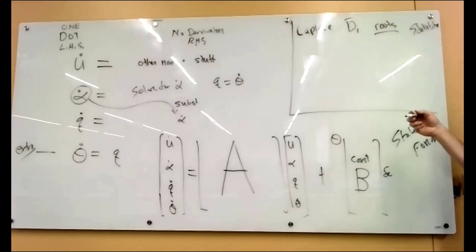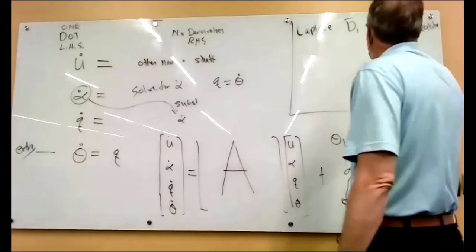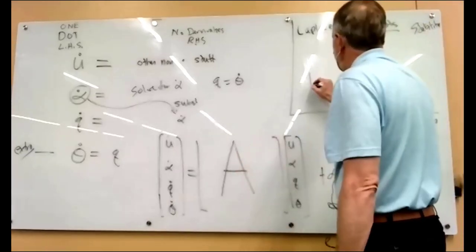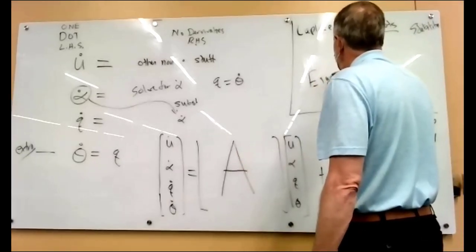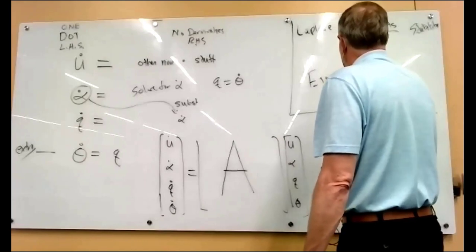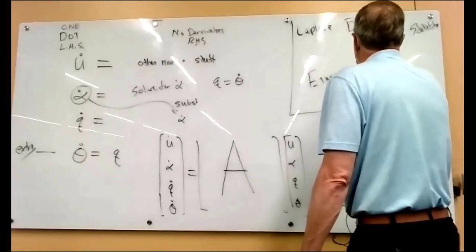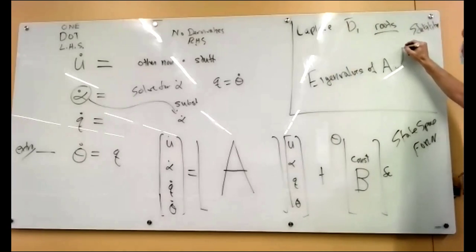We said, okay, we got to find the A1, B1, C1, D1, find that polynomial, find the roots of the polynomial, and then look at the real and imaginary parts, right? Remember that? To find those roots, once it's in state space form, you simply find the eigenvalues of A, and those give you the roots.